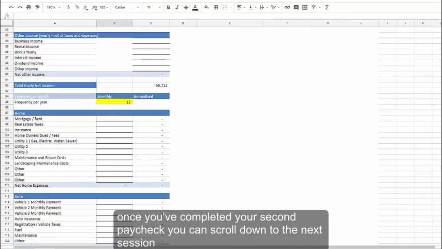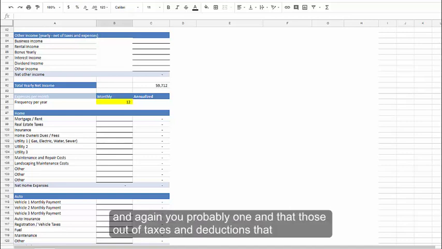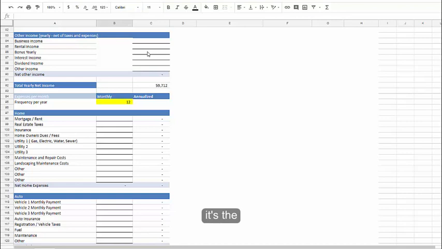Once you've completed your second paycheck, you can scroll down to the next section, which is other income you may have. Business income, rental income, you can net this out if you want, yearly bonuses that you may get from work. And again, you probably want to net those out of taxes and deductions so that it's the correct amount.